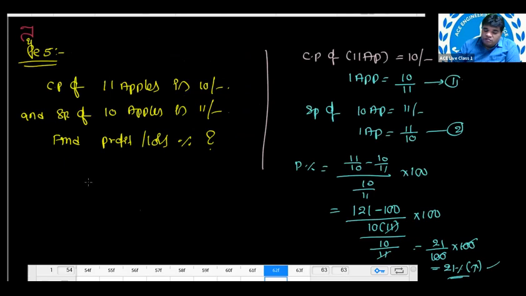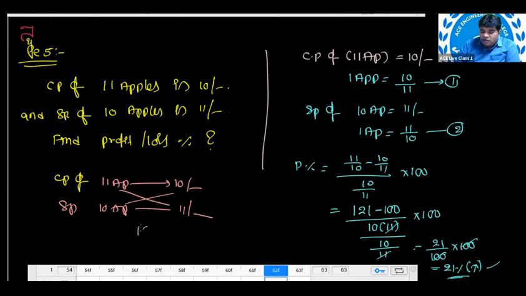So the present question: the cost price of 11 apples is 10 rupees, and the selling price of 10 apples is 11 rupees. Then the answer is AD minus BC, 121 minus 100 upon 100 into 100. 100 cancels, then the answer is 21%, a positive value, so it is a profit.